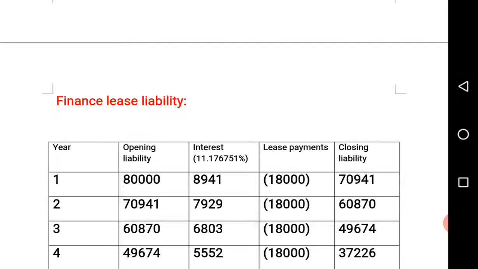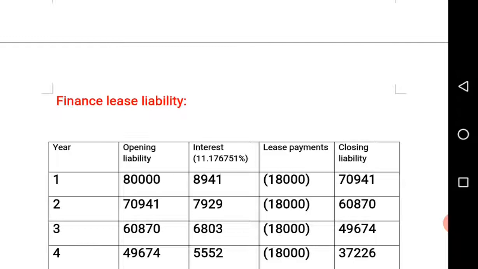So when we find the cumulative of these three, 80,000 plus 8,941 less 18,000, it gives us 70,941. We move the 70,941 down to year 2. Now the closing liability is the amount owed left at the end of the year.